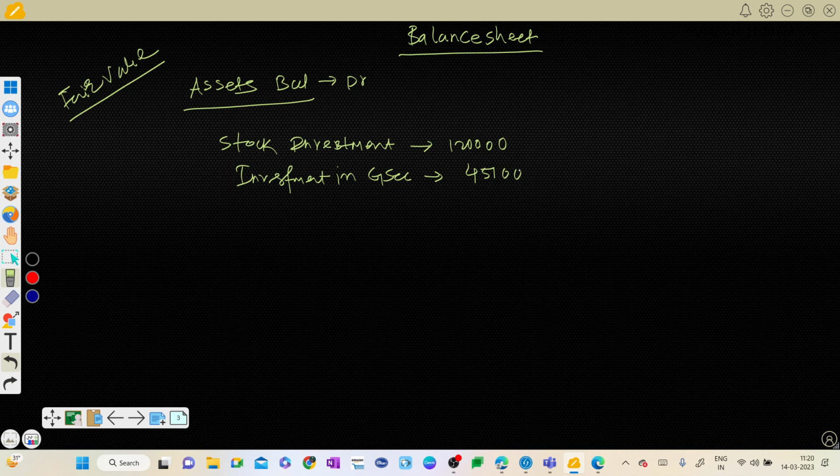Then the other one, hedging through the options, means that would be your current assets eventually. Option contracts 5820.